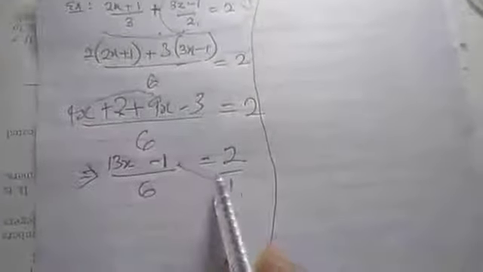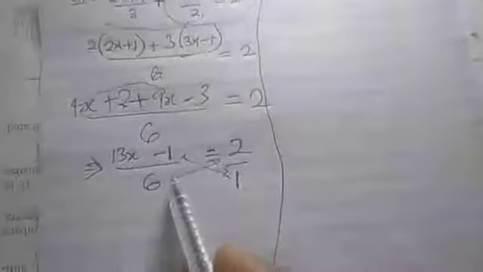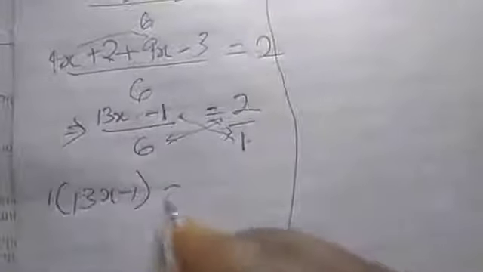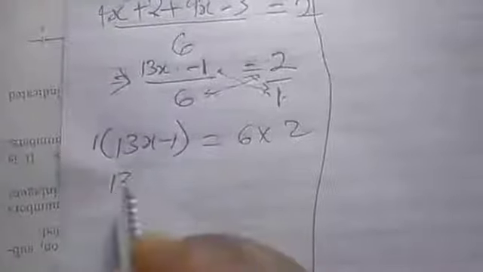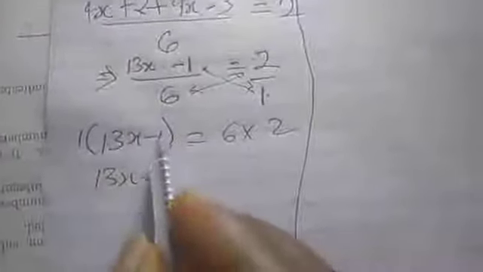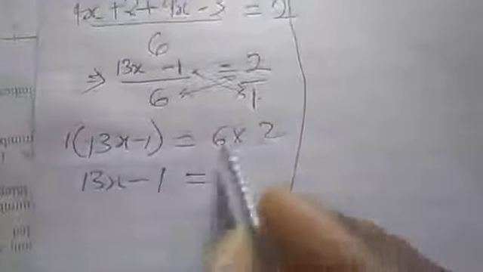From this place now, I can cross multiply. So that is this times this. 1 times 13s minus 1 equal to 6 times 2. 1 times 13s, that is 13s, minus 1 times 1, that is 1, equal to 6 times 2, that is 12.